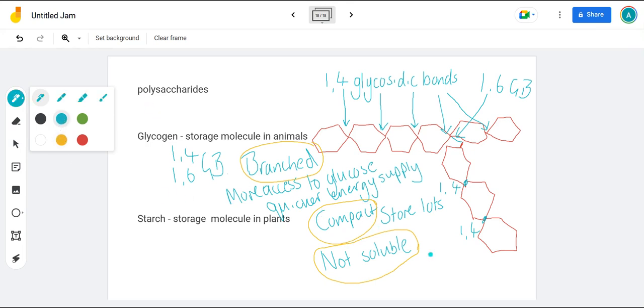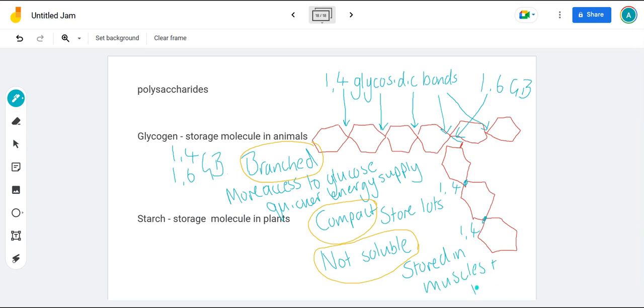And actually that's useful when it's being stored because glycogen is stored in both your muscles and your liver. Okay, and that means it actually stays where it's stored. It doesn't dissolve in the blood and move off around the body. It stays where you put it. It stays where you want it stored in the liver and the muscle cells. So that's really useful.